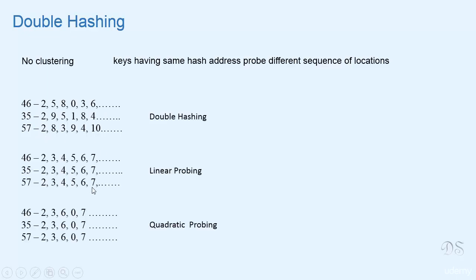While in linear probing and quadratic probing, the probe sequences for keys mapped to the same address are the same. So here we can see that all keys mapped to location 2 have this probe sequence, and here all keys mapped to this location 2 have this probe sequence.